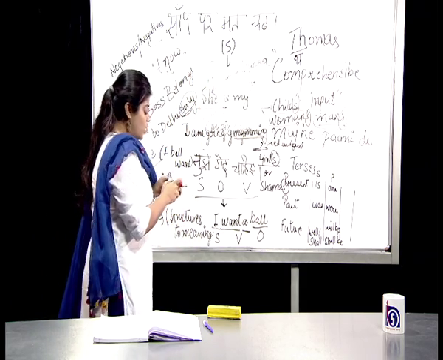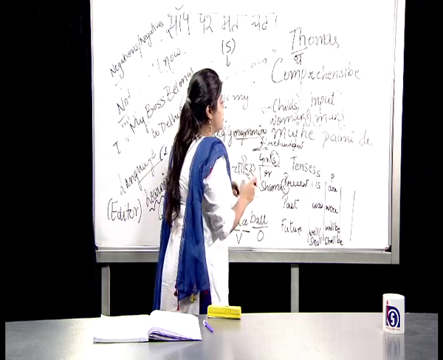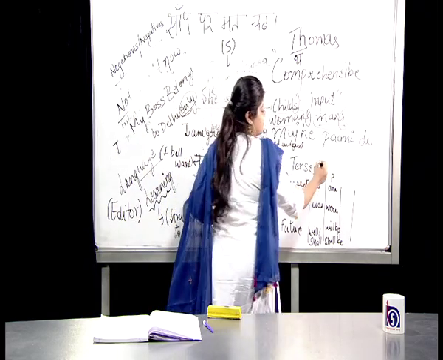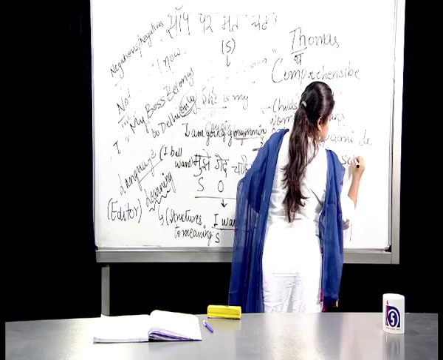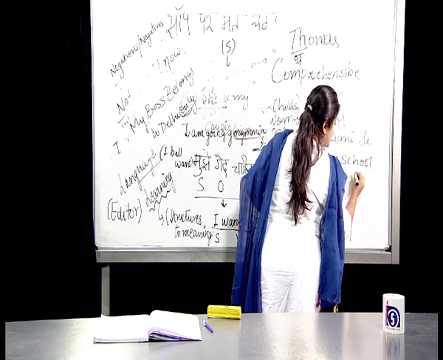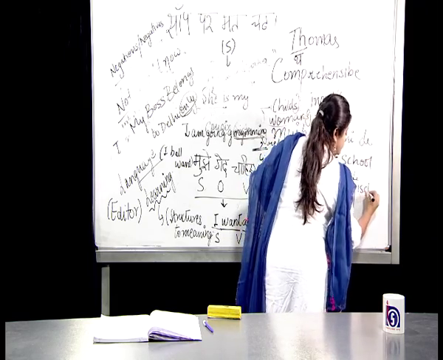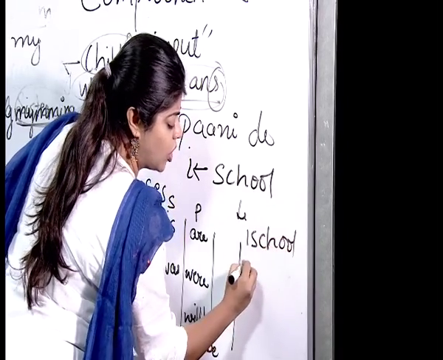Another thing, a lot of us have this tendency of putting an i. For example, when we say the word school, most of us pronounce it as ischool, or iscrew.